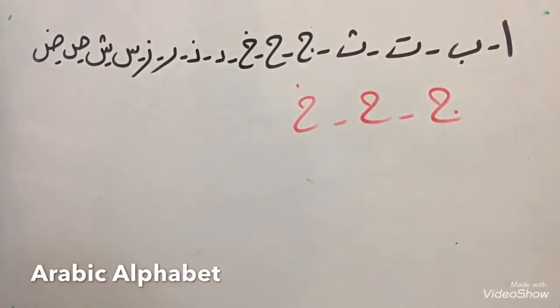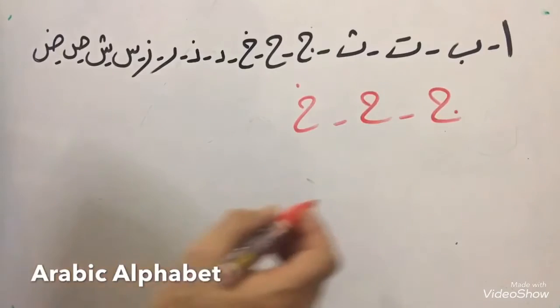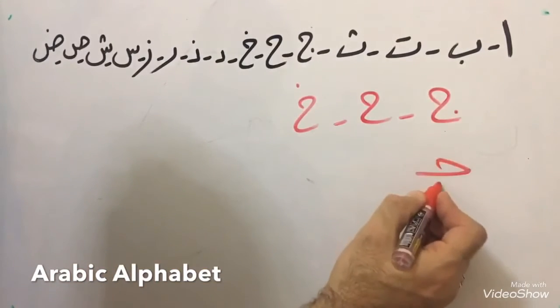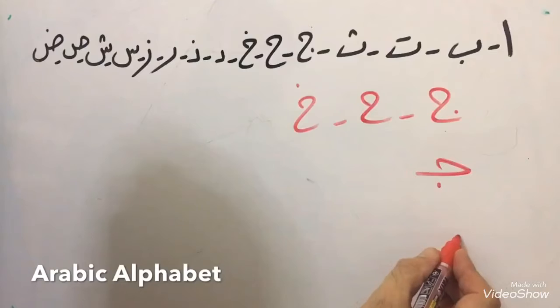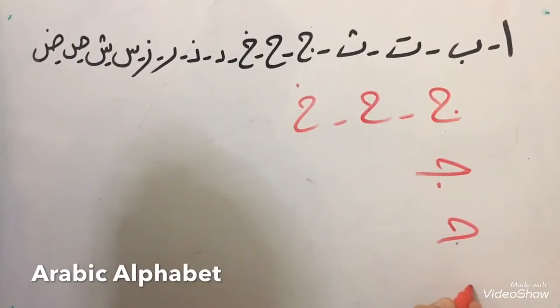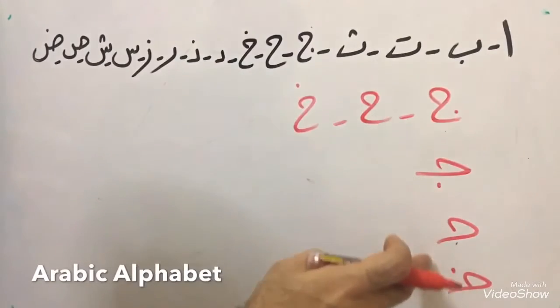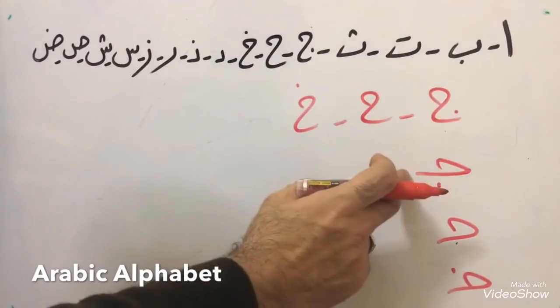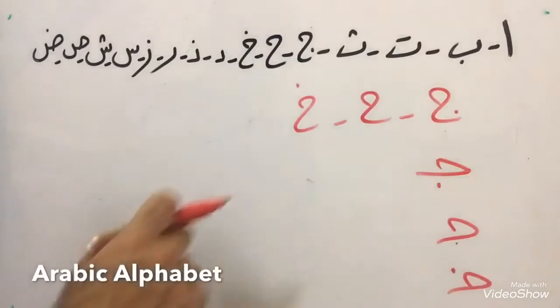Ha has no dots. So at the beginning of the word, they are like this: Jim, Ha, and Kha. You can see that here we have like a hand, so we can join them with the letter after.